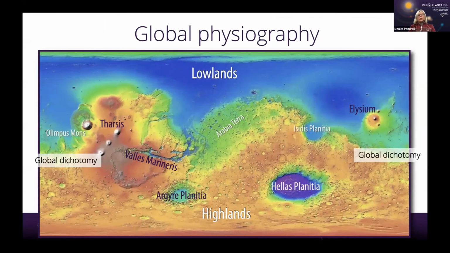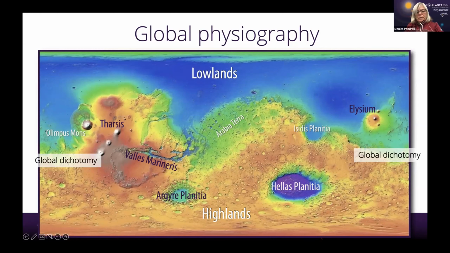If we have a look at the global physiography, Mars is characterized by a sharp dichotomy, a sharp transition between two zones. I should actually mention that this is a color-coded topographic map. The blue areas are the lowest, and then green, yellow, and red become topographically higher.